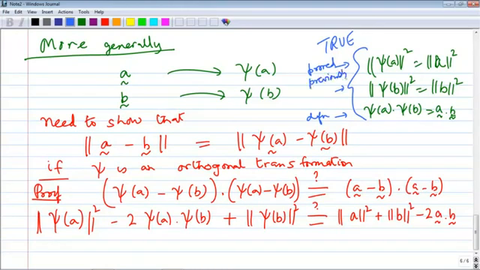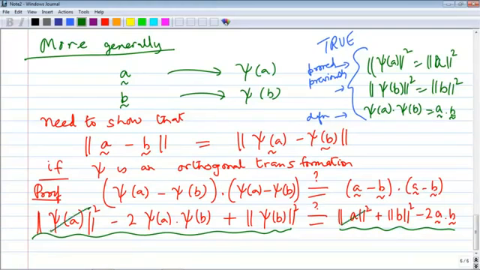Okay, so now we are in business. We are trying to ask the question, is this expression equal to this expression? Okay, but we can use some properties here. So we just showed that psi of A squared is equal to A squared. So the length of psi of A is the same as the length of A. So this enables us to cancel this guy. The length of B after the transformation is the same as the length of B before the transformation. So therefore this and this are the same.